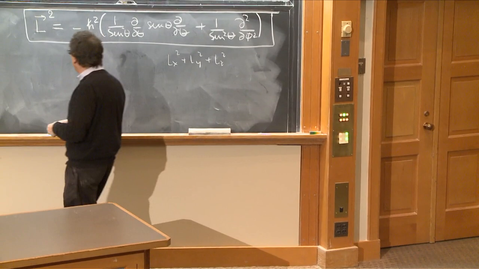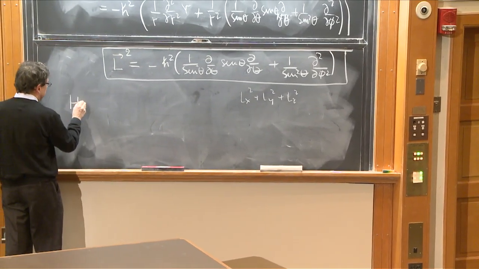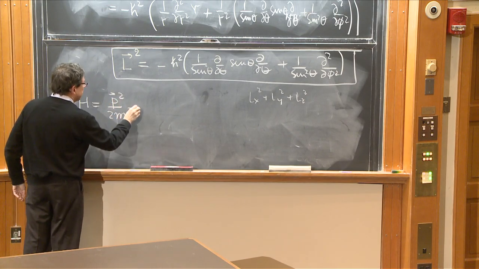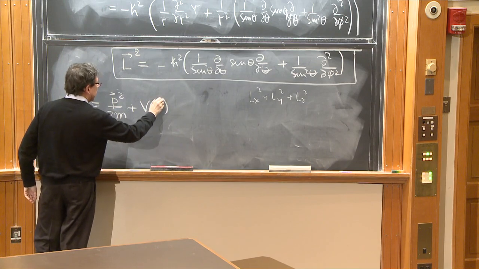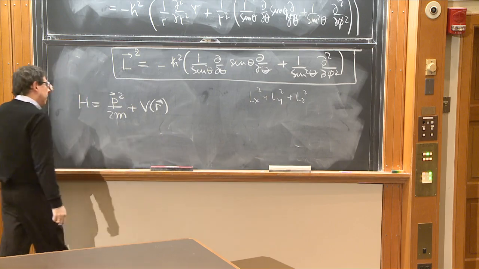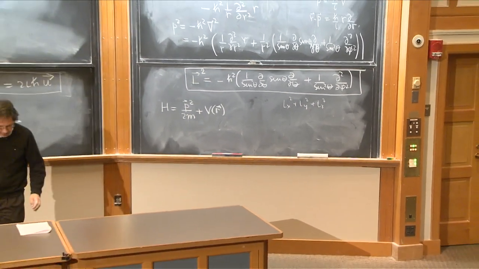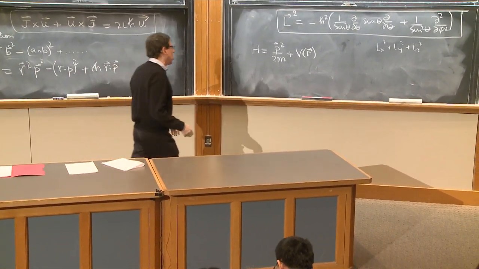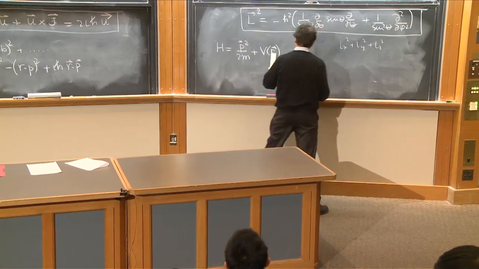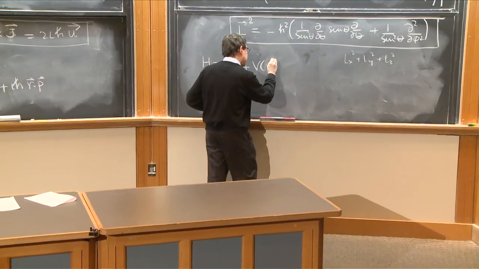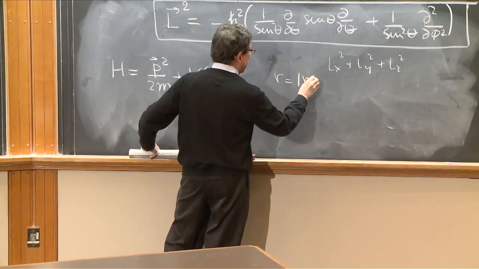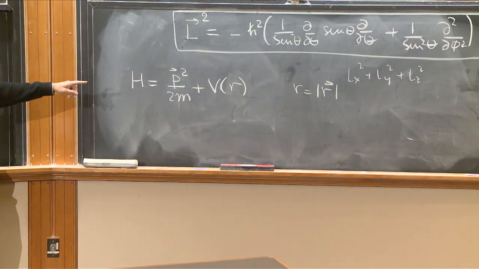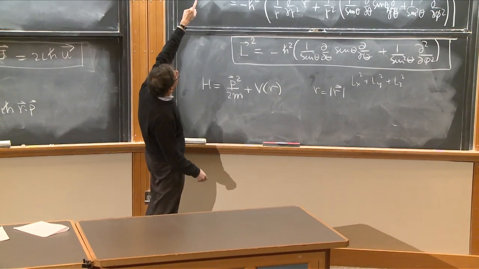The other thing that we've got is some understanding of the Hamiltonian for a central potential, what we call a central potential problem, V of R. Let me just go to the central potential case, which means that the potential just depends on the magnitude of R. So R is the magnitude of the vector R. So at this moment, you have P squared over there.